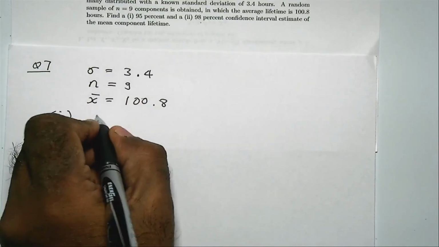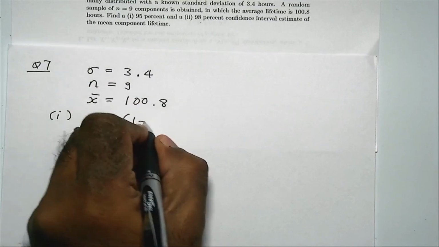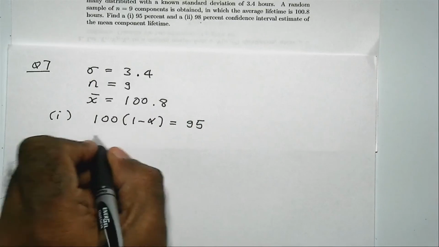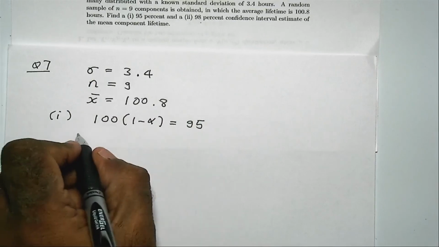So you want the 95%. 100 times 1 minus alpha is 95.